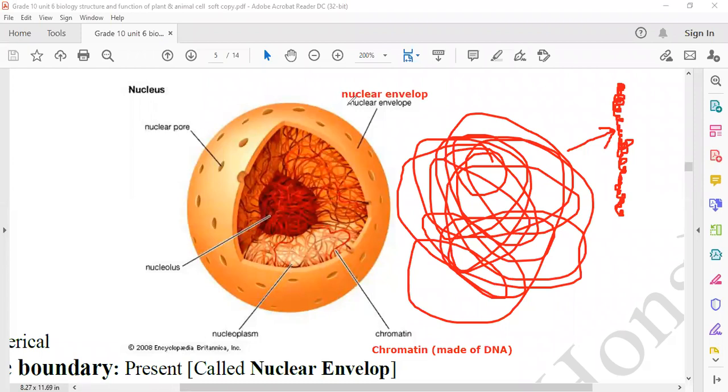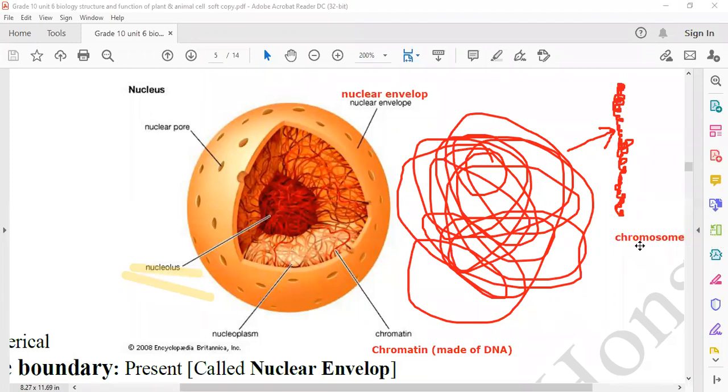Understood? A loose structure is becoming a tight structure. This tight structure is called by the name chromosome.